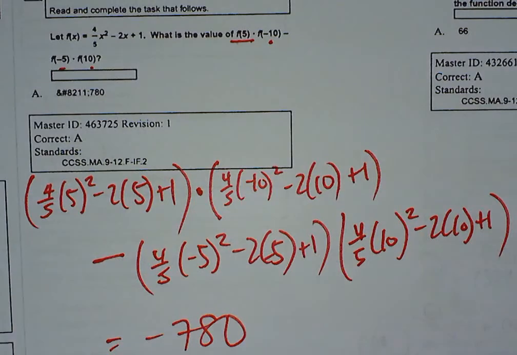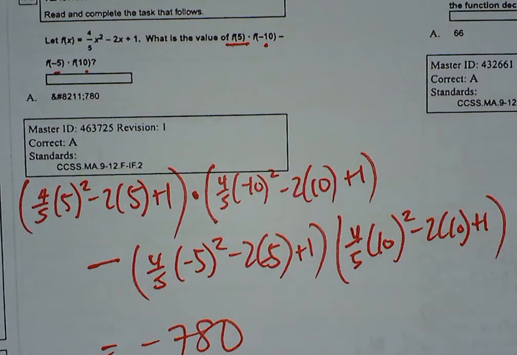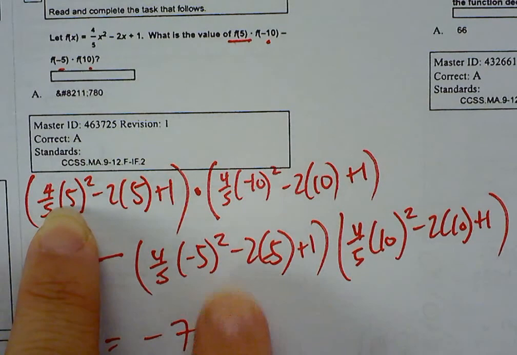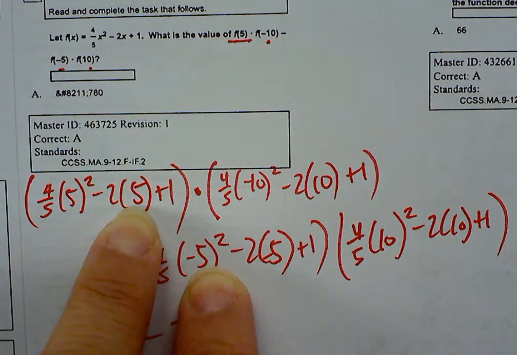No, they don't cross out. Because look, this is 25, and this is 25, but then this is negative 10, and this is positive 10. Okay?